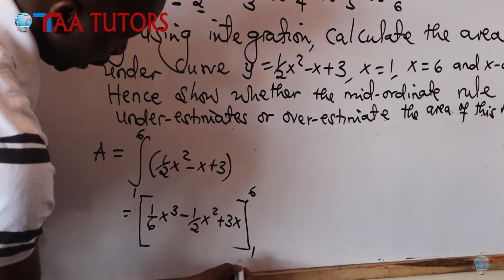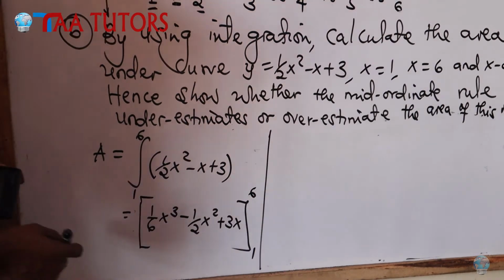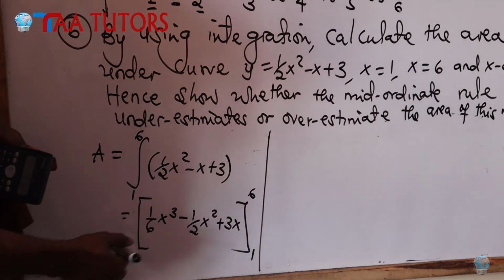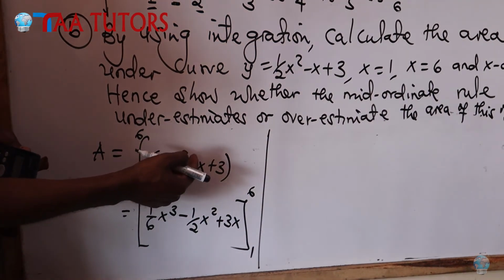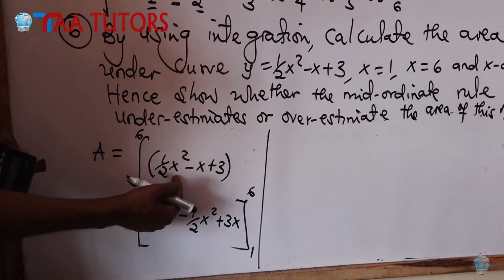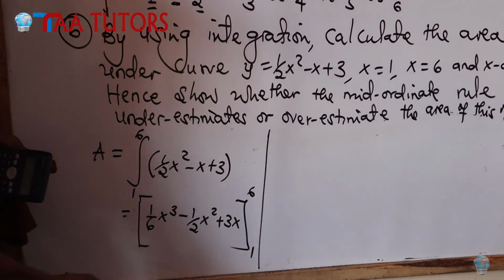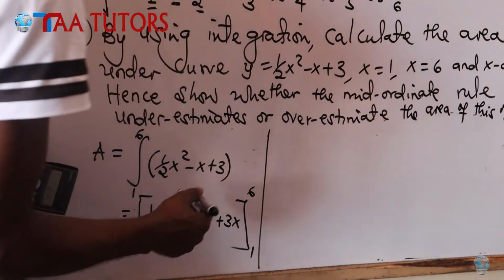You know why? By now I realize that I've gone very fast to integrate this. If I divide by 1 plus 2 plus 1 is 3, 3 times 2 is 6. So 1 over 6 x cubed, minus half x squared, plus 3x. Let's substitute.